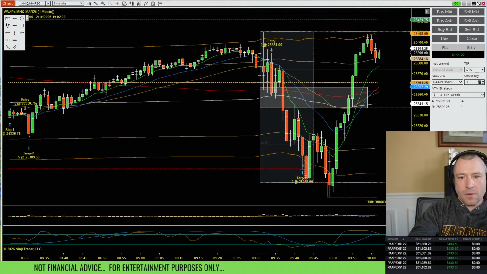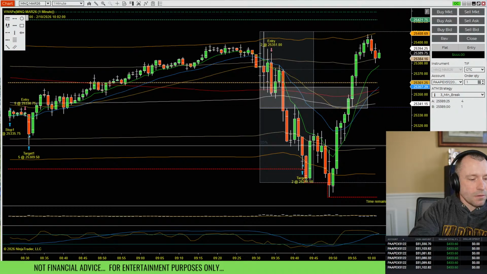All right, so now we did get a pullback, not quite to the green line, but to that VWAP deviation. Love for you to pull back to that green line. I want to see that green line. Ideally, I would like to see this gold line cross above the red line.